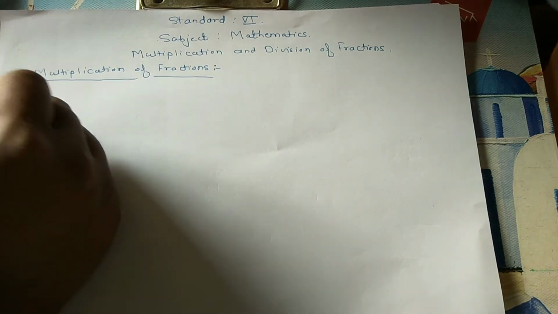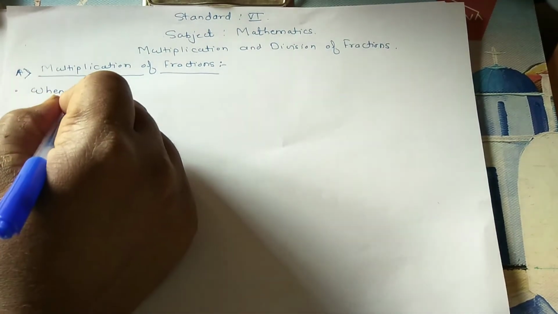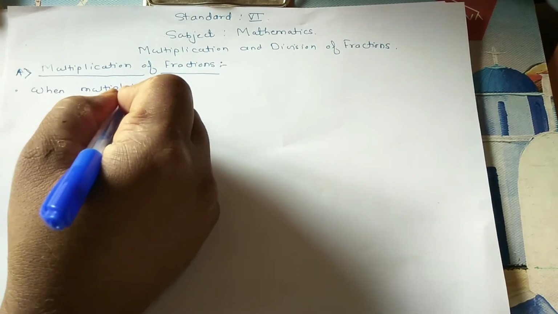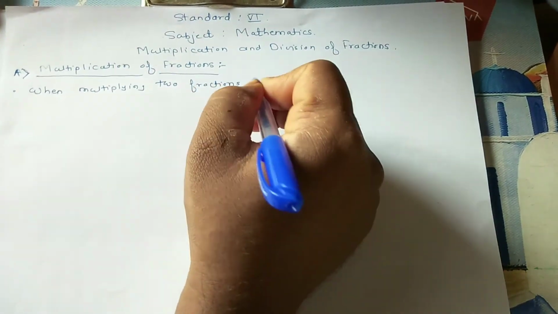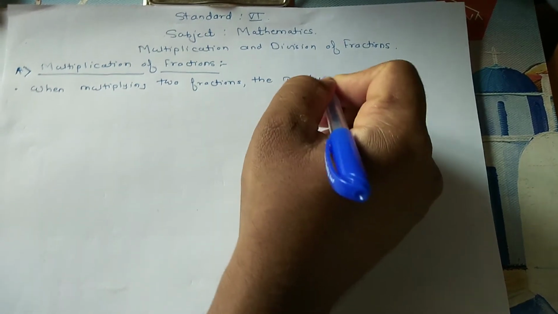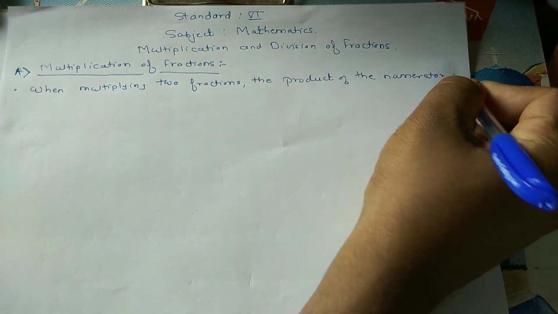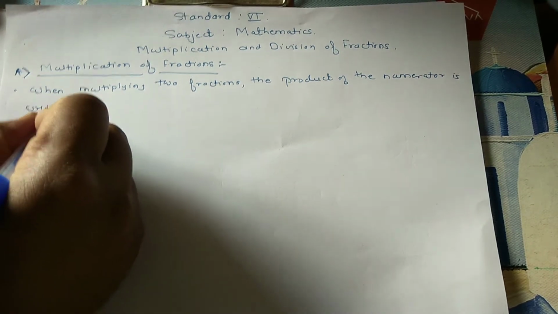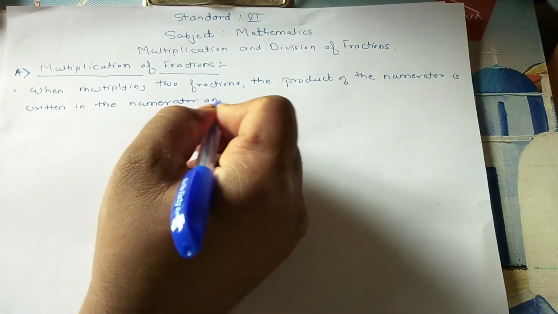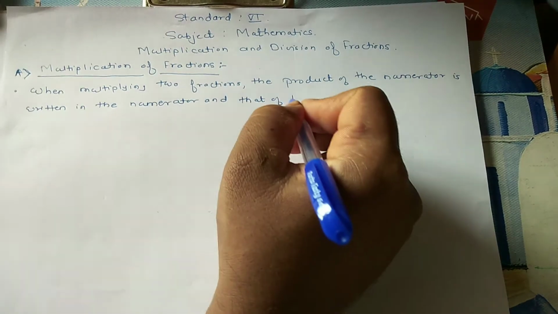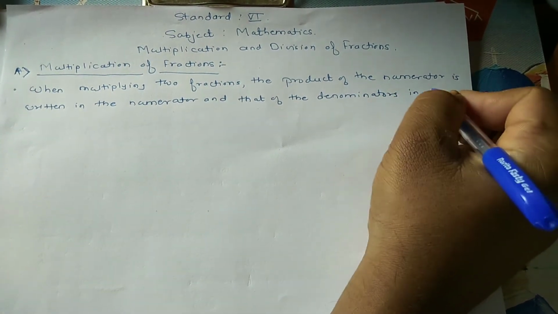Okay, so first, again you have to remember one rule of multiplication, that is: when multiplying two fractions, the product of the numerators is written in the numerator and that of the denominators in the denominator.